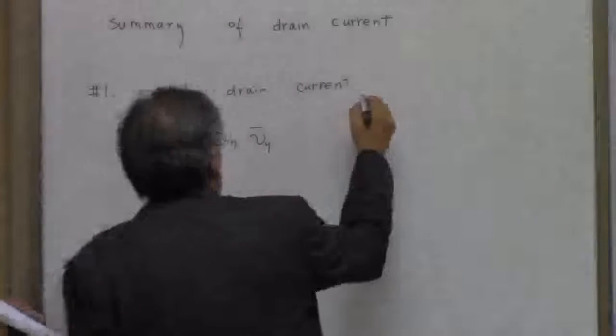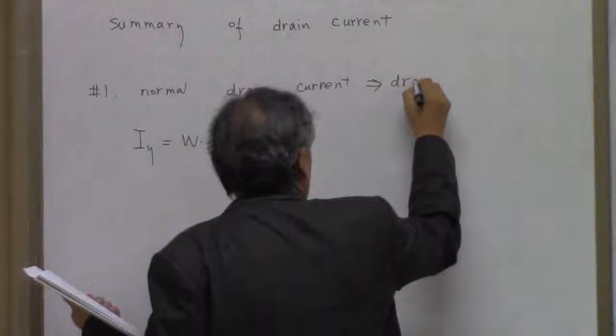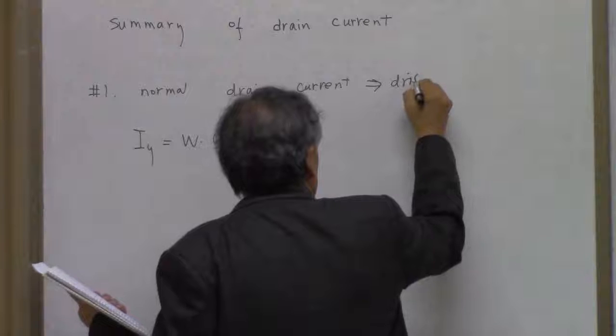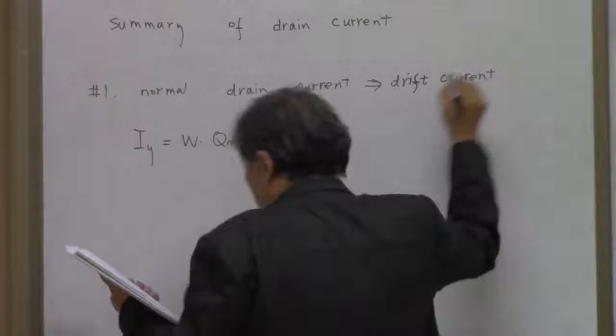And this normal drain current is a drift current.